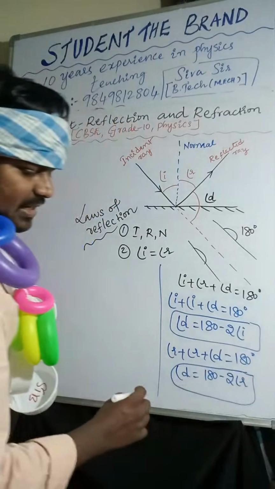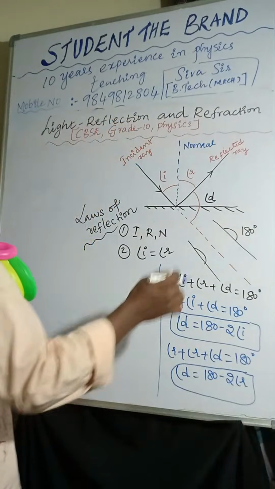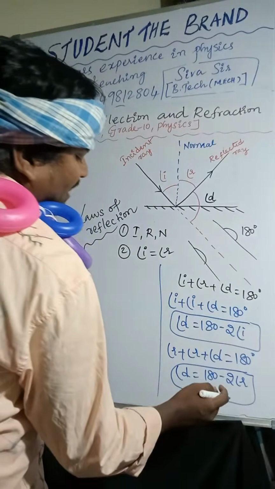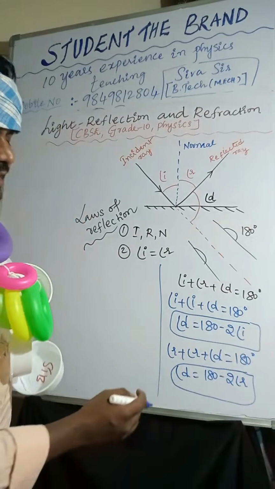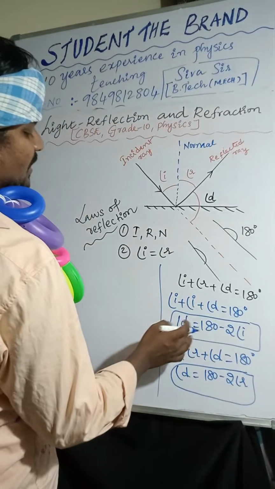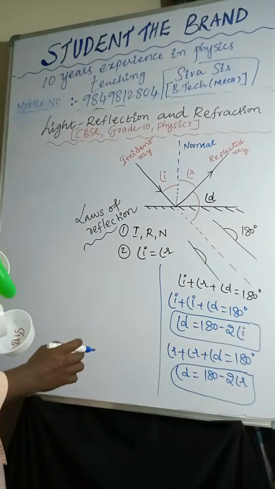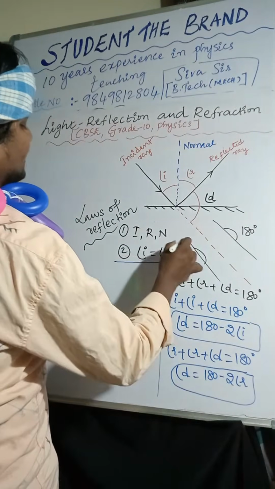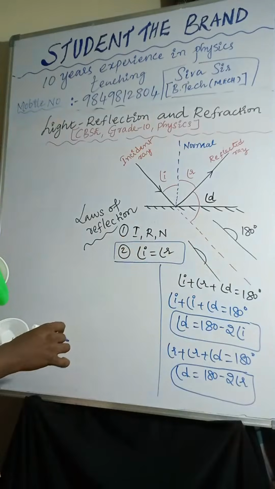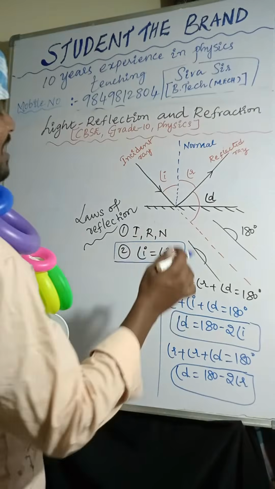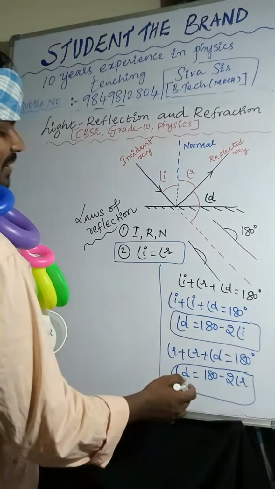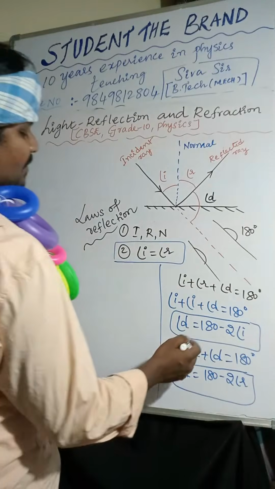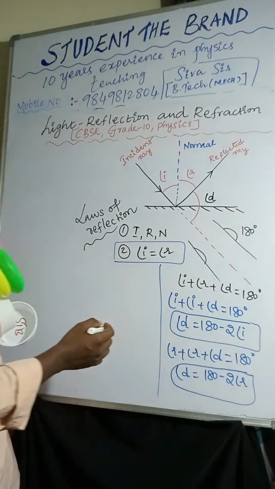From the laws of reflection, the angle of incidence equals the angle of reflection, so angle of deviation equals 180 minus 2 angle of incidence.